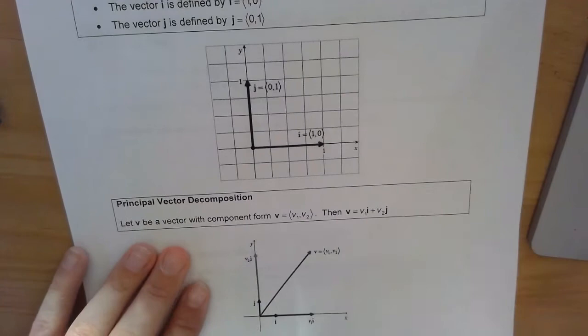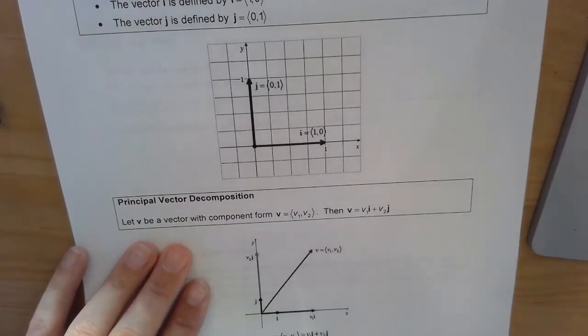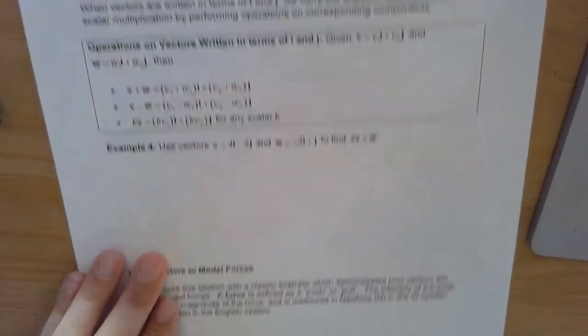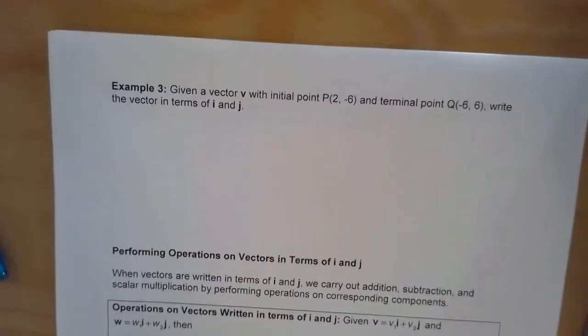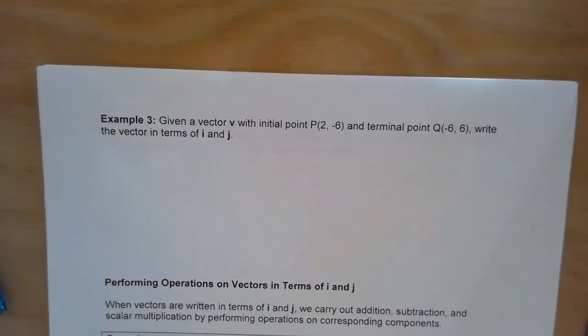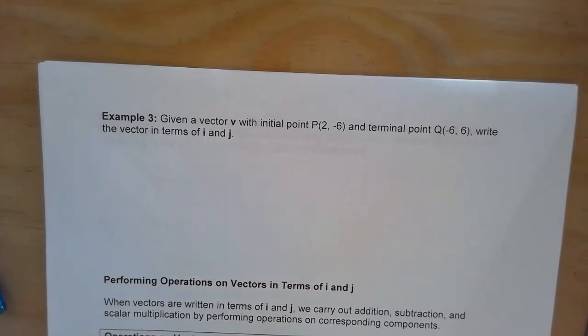It's just a way that we can think of graphing these vectors to the unit. Alright, so that is what we're going to do right now. We're going to have a vector with initial point (2, -6) and terminal point (-6, 6), and we're going to write it in terms of i and j.